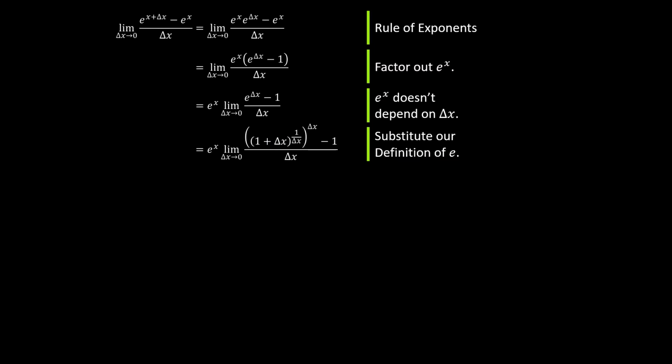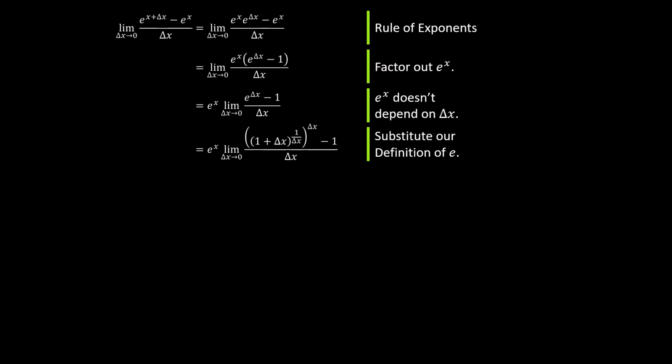But one nice thing is that it had this 1 over delta x power in the definition of e, and I knew I was going to have a delta x power when I replaced e to the delta x. So my idea was that this delta x and this 1 over delta x would cancel out, so I didn't have a power to worry about anymore. This is why I was after that 1 over delta x as a power in the first place. And then the hope is that everything else will work itself out. But that was the key piece I was after.